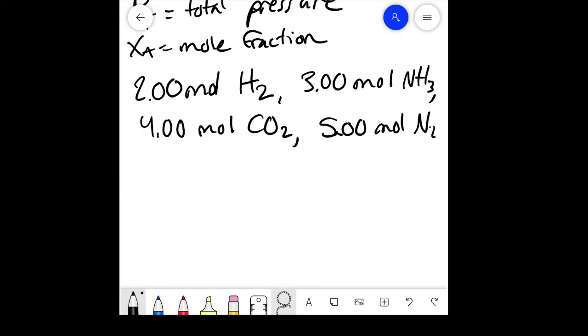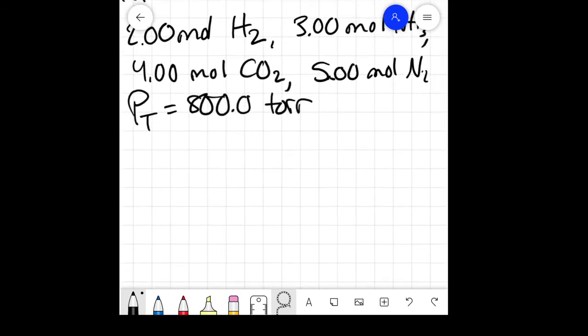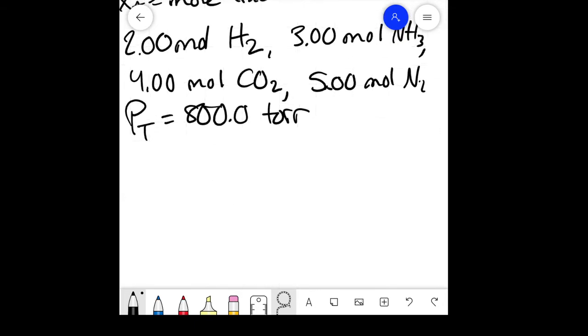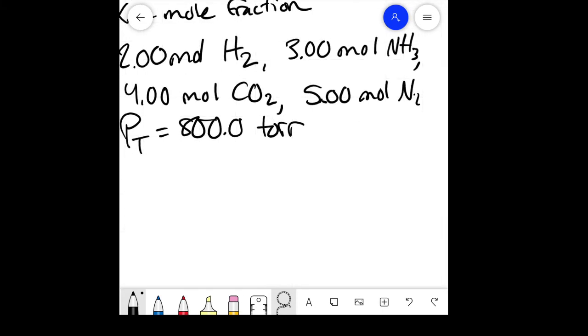The total pressure of this mixture is 800 torr. So we want to find the partial pressures of each element. I'm not going to do all 4 because that's a lot of work, but I'll start.